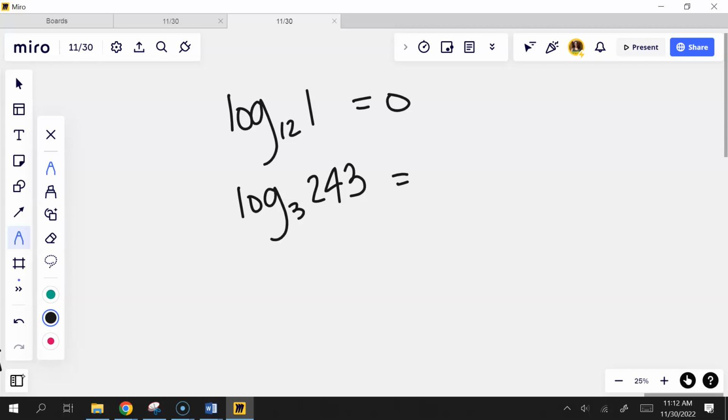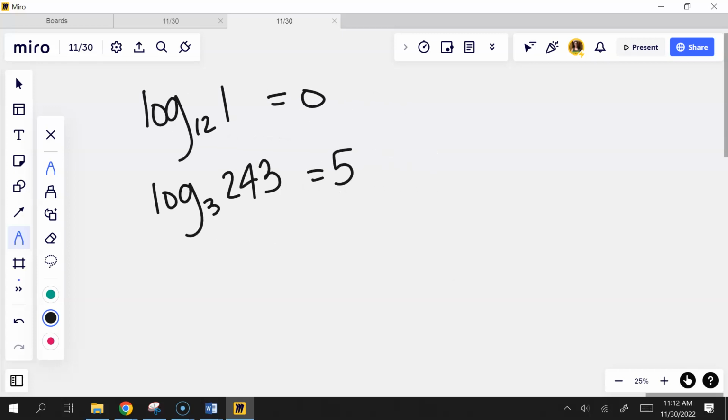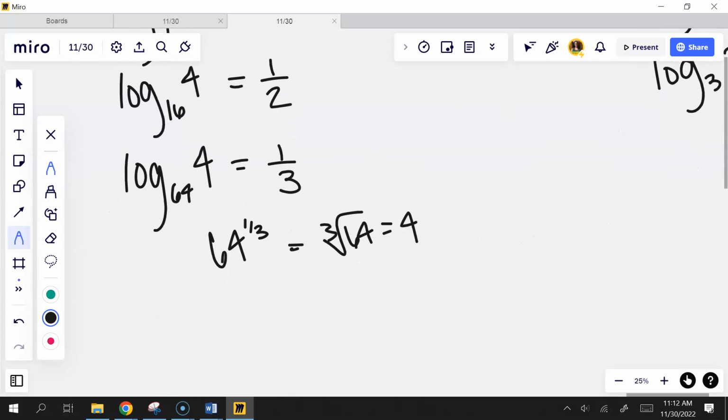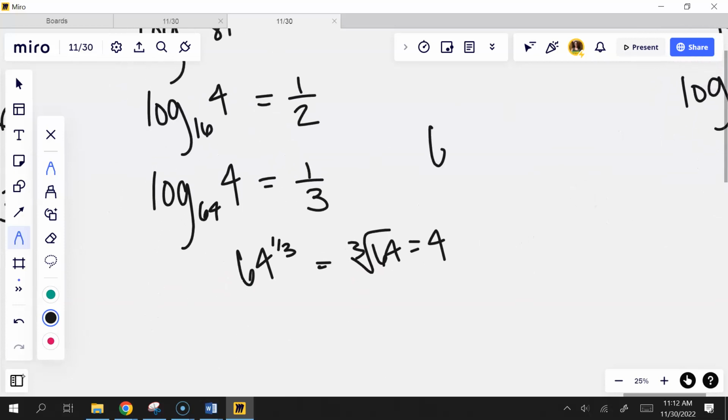Oh, no, it's not. It's 5, isn't it? What does this even mean? Nobody understands. Everybody understands. Sonny, you understand? 3 to the what power gives you 243? Try 3 to the 5th. Put it in your calculator. Which one was 64? What do you have to raise 64 to get 4?